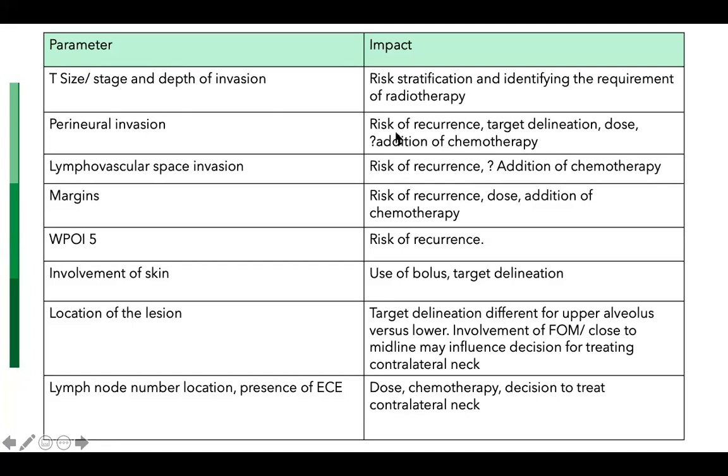So we know that the meta-analysis of Bernier and Cooper showed that concurrent chemoradiation was helpful in patients who are either ECE positive or margin positive. However, in the European part of the trial, the Bernier trial, there had been significant benefit of adding chemotherapy in patients with perineural invasion, lymphovascular space invasion, and oral cavity tumors with level 4 involvement.